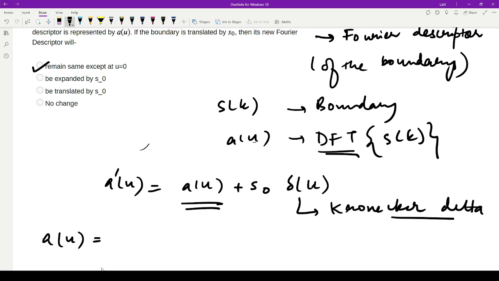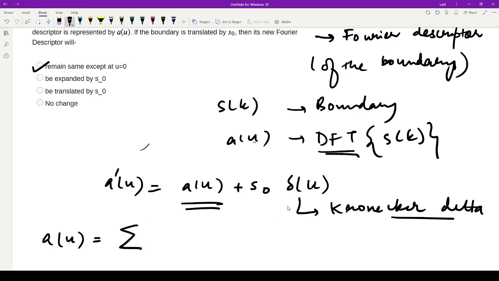What is the formula for the DFT, the discrete Fourier transform?